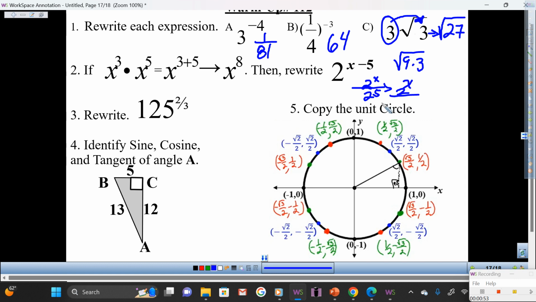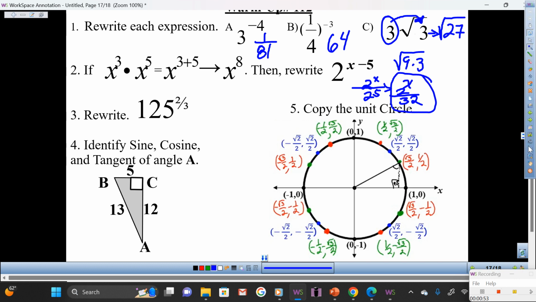Two to the x over 2 to the 5 is what? $32.